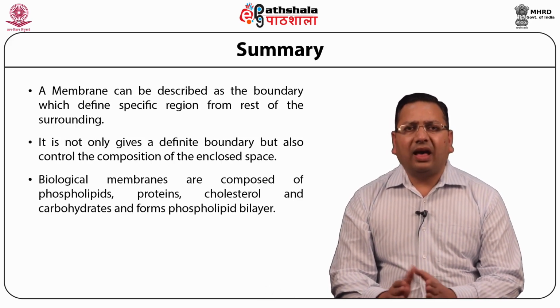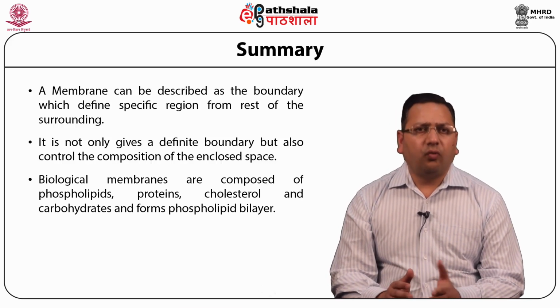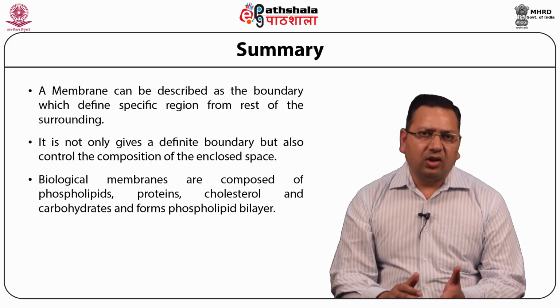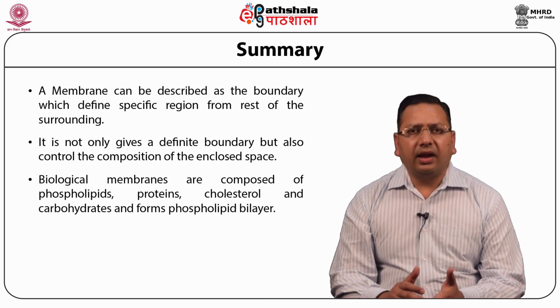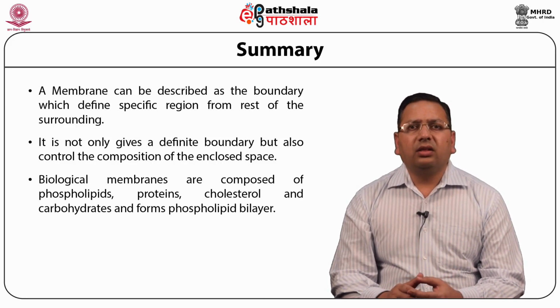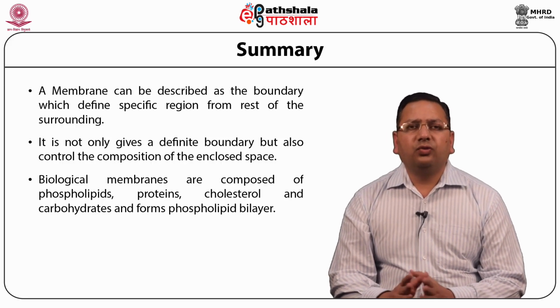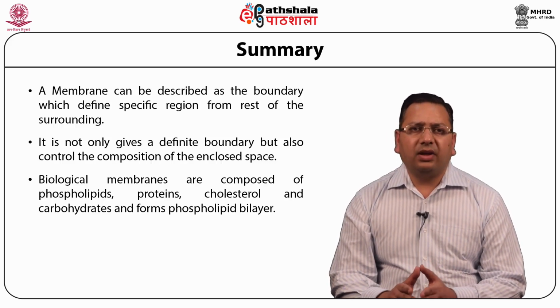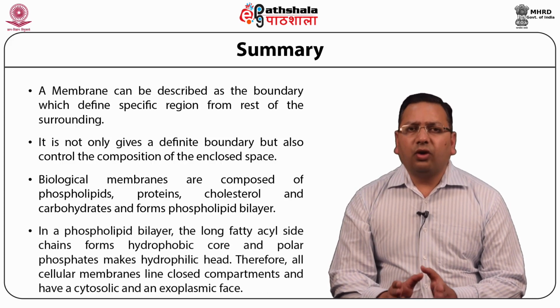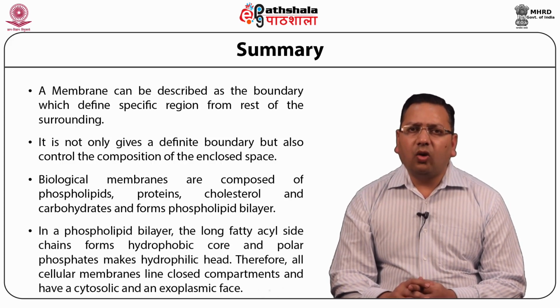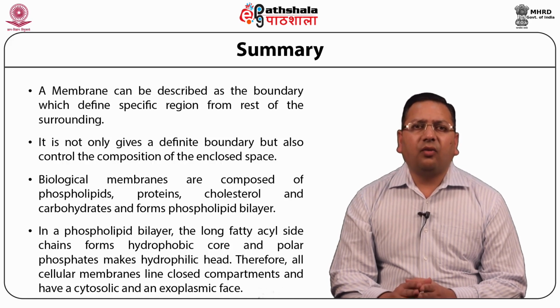Biological membranes are basically composed of phospholipids, proteins, cholesterol and carbohydrates, and they all make a layer which we call a biological membrane. In the phospholipid bilayer, the long fatty acid side chains form a hydrophobic core and the polar phosphate makes a hydrophilic head.